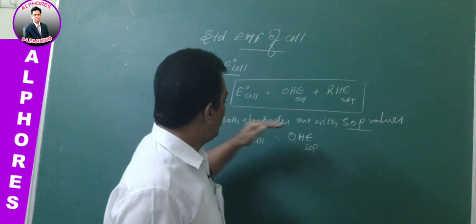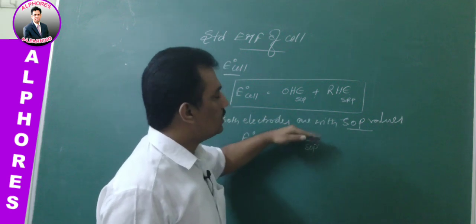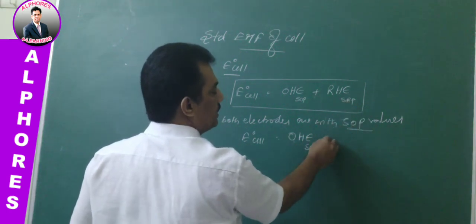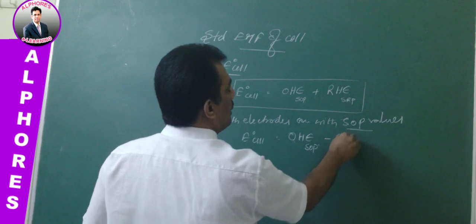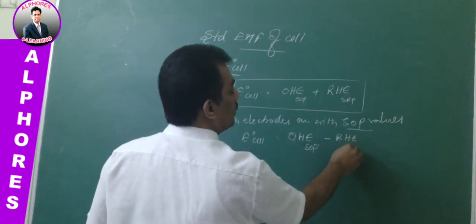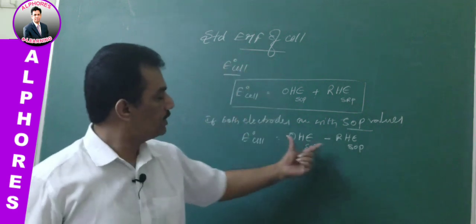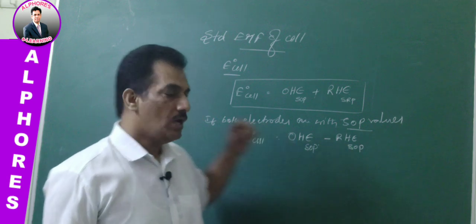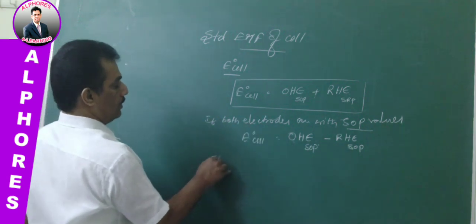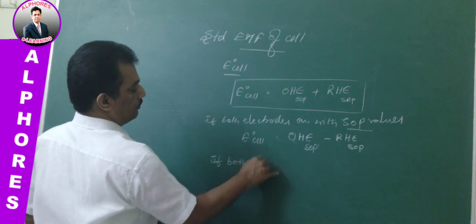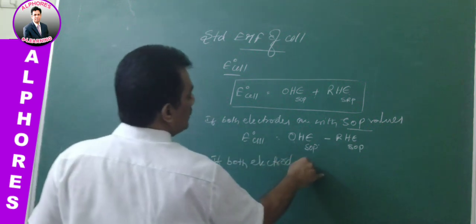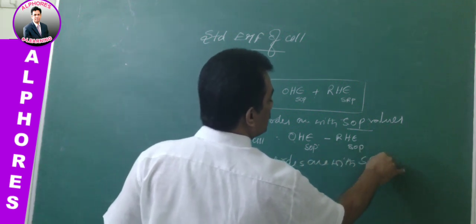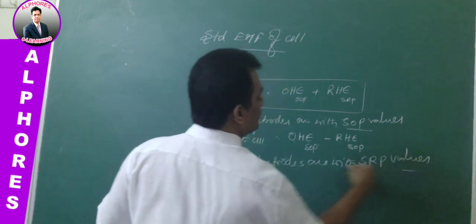So when they provide the electrode SOP values, the second one is obtained automatically, SRP converted to SOP by a minus sign. So RHE, reduction half electrode SOP. Now you observe that the definition appears here, the difference in the electrode potentials. Clear? And now if both electrodes are with SRP values, I think you can rearrange them simply.